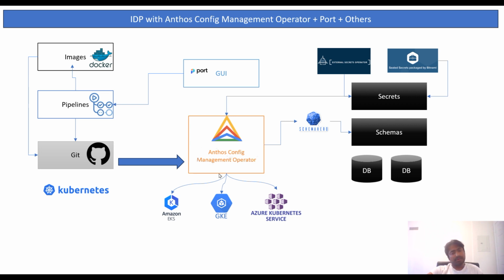Anthos config management operator works along with another tool called Nomos. Nomos allows you to check the status of the applied changes. Suppose you are pushing some YML manifest files to your Git repo. Those will be sensed by the config management operator, then pulled and applied.